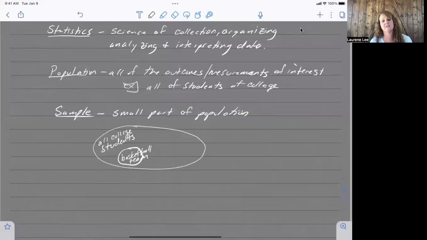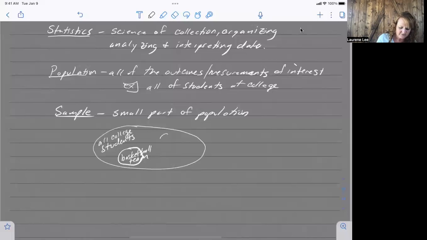Well, the average height of the basketball team, I would say typically is taller than the average student at the school. And so that's not a really good representative sample of the entire school. So there are good ways to pull a sample and bad ways to pull a sample. But nonetheless, that is a sample, be it biased or not.